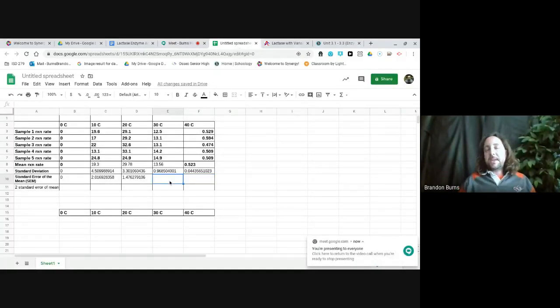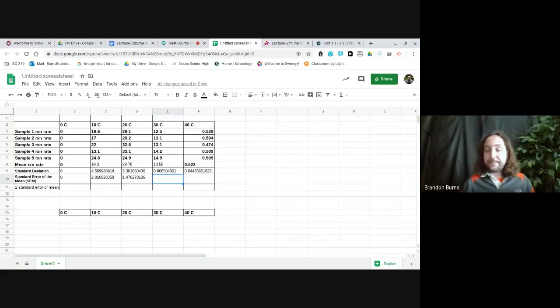Okay, so standard error of the mean. The equation for standard error of the mean is the standard deviation divided by the square root of the number of samples. So it would be the standard deviation divided by the square root of 5, because we took 5 samples. Unfortunately, there's not a simple equation to just type in for standard error of the mean.